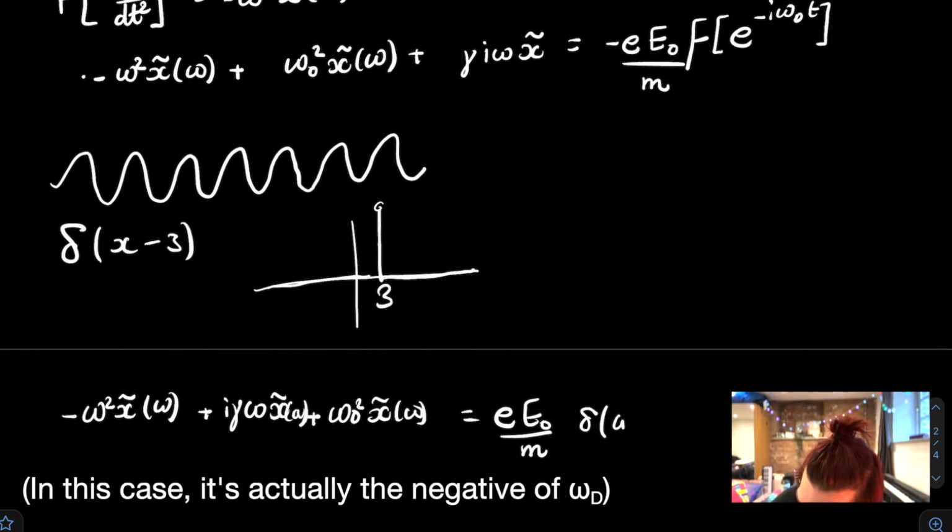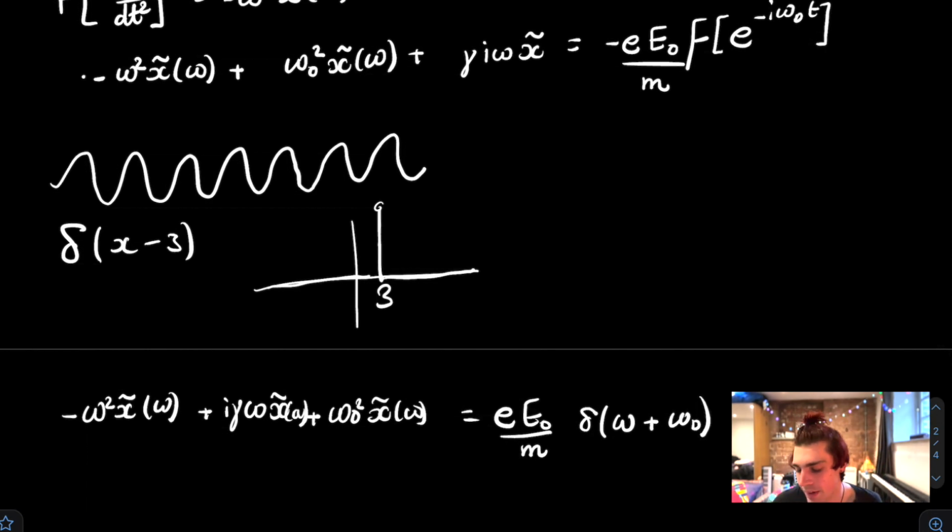So we're going to have omega plus omega_d right here. And actually, due to the way that the Fourier transform is defined, we're going to have to multiply by a factor of root 2 pi. Now, this is just because when we take a Fourier transform, we are transforming between time and angular frequency, where of course angular frequency is just linear frequency multiplied by 2 pi.